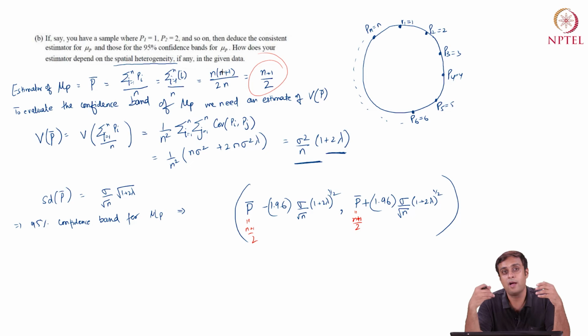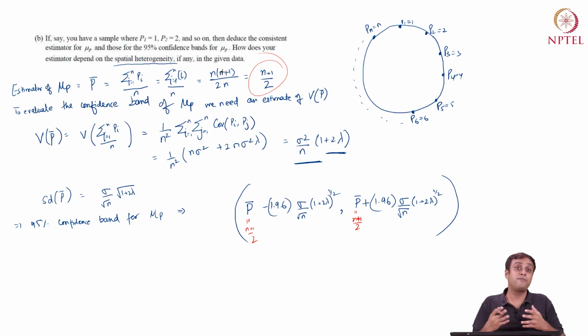So that would translate into spatial heterogeneity being a function of i, a function of location. And if you look at both p bar and variance of p bar, and by extension standard deviation of p bar and the confidence bounds, none of them depend on i. They are all independent of i.